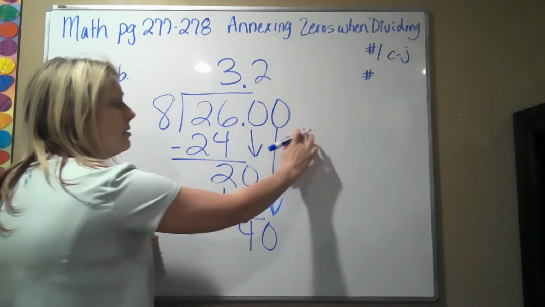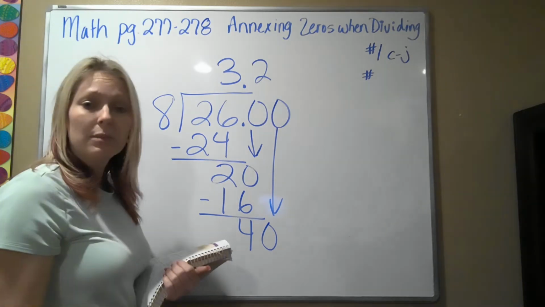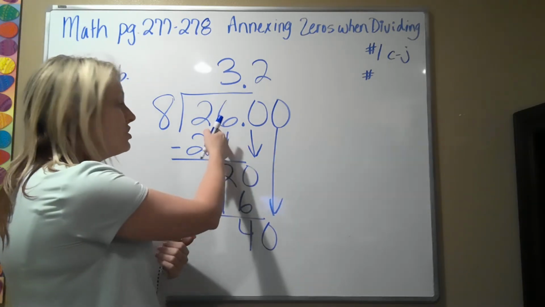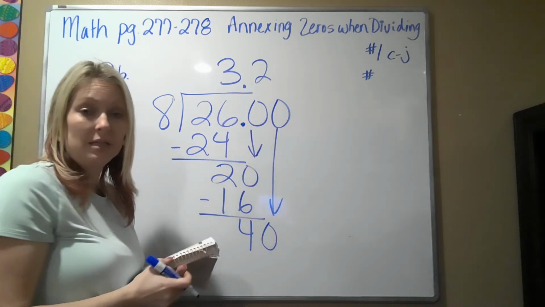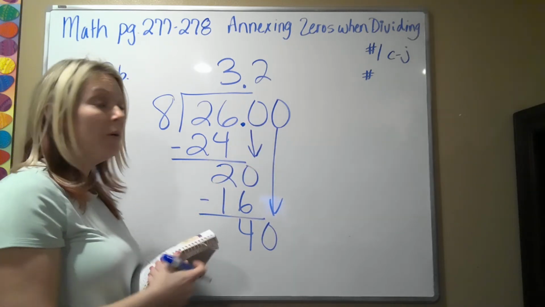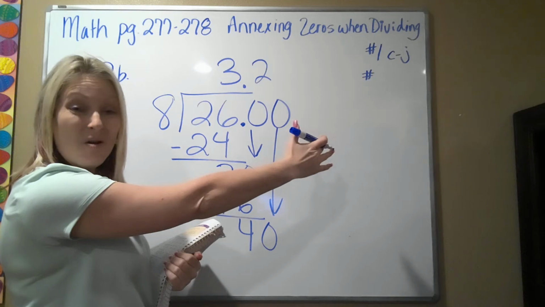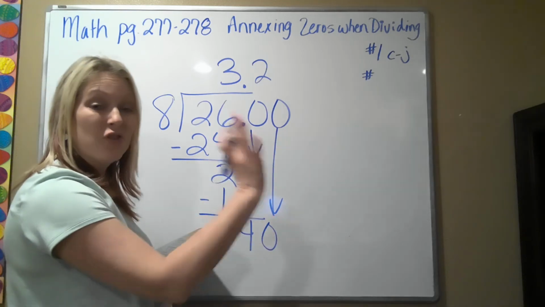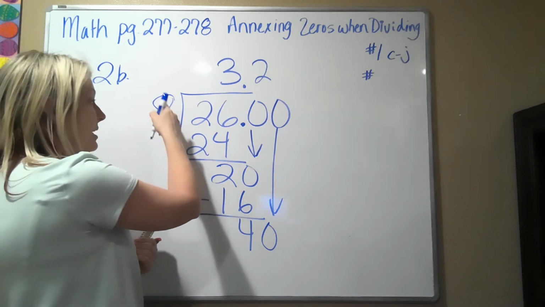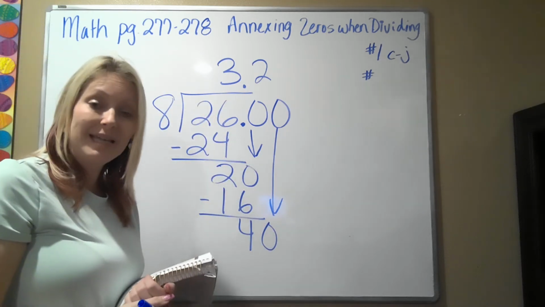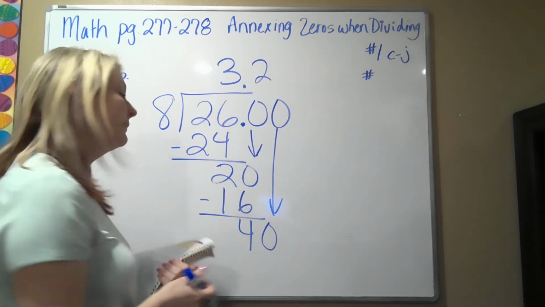As many zeros as I add here, I'm never changing the value of 26 because I put the decimal place right there. I can add 4 zeros here and still never change the value, but I can figure out how many times 8 will go into 26 by doing it this way.